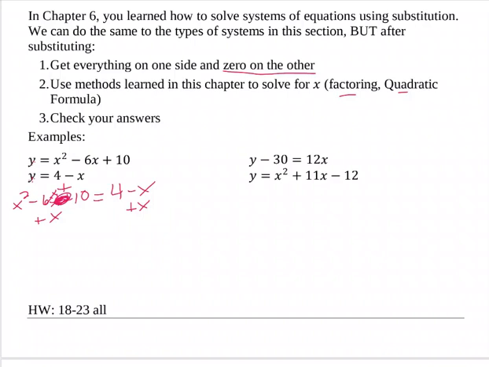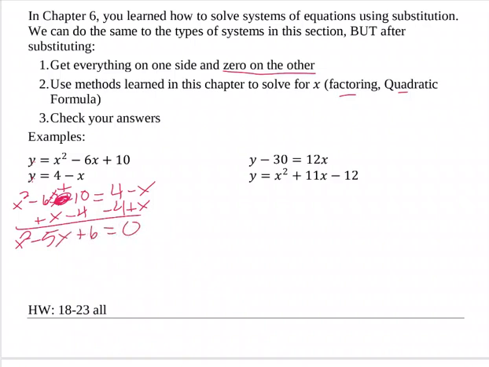And I think at this point in algebra, we probably can handle doing both things at the same time. Is that accurate? So how would I get rid of this 4 at the same time? Subtract 4 at the same time. Okay, so all in one move now: x squared minus 5x plus 6 equals 0.